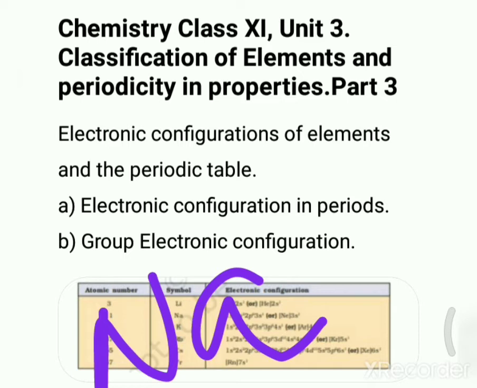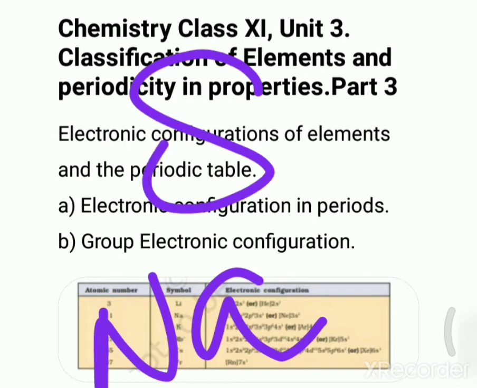Then successive filling of 3s and 3p orbitals gives rise to the third period. So the third period also has a total of 8 elements, from sodium to argon.